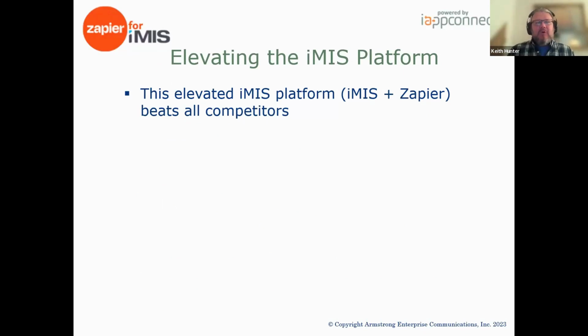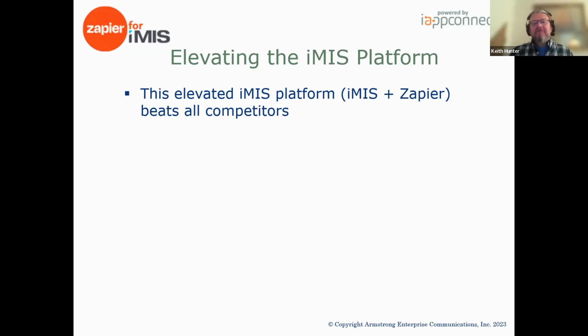So, a key point, something you may not also know, is that iMIS plus Zapier is a uniquely powerful capability in the association space. Many people are saying, geez, this is a big upgrade I'm facing here. Should we be looking at other competitors? That's a decision that each organization will make, whether they look at others or not.